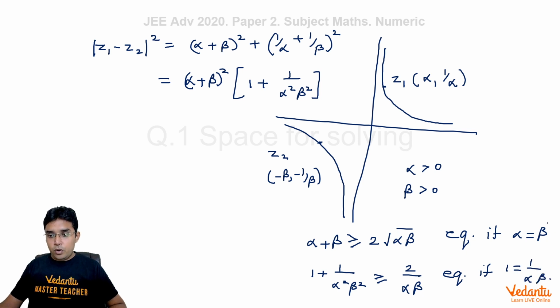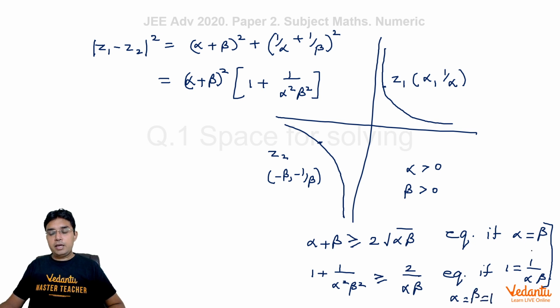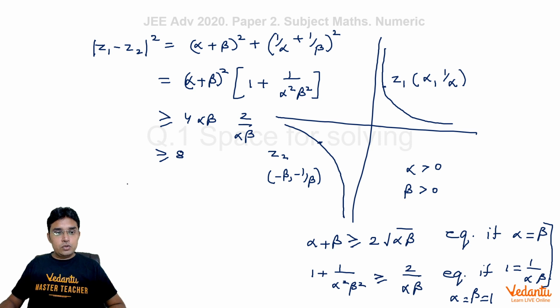Now if we want both equalities to happen simultaneously, I think we should have alpha is equal to beta is equal to 1. You can check by putting alpha equal to beta here, alpha and beta both should be 1. So if I use these minimum possible values for both of them, we get 4 alpha beta here because this is the whole square, and we get 2 upon alpha beta here. So that will be greater than or equal to 8. So this minimum value is equal to 8.